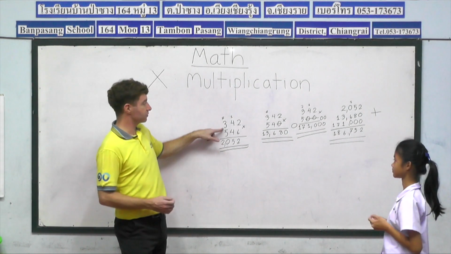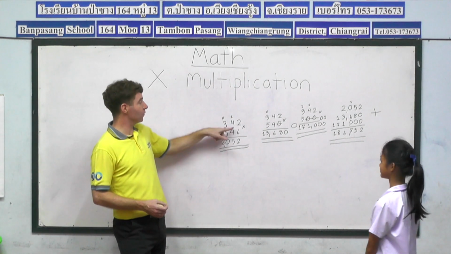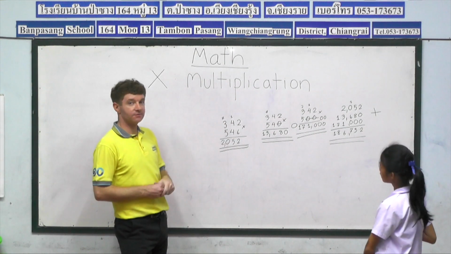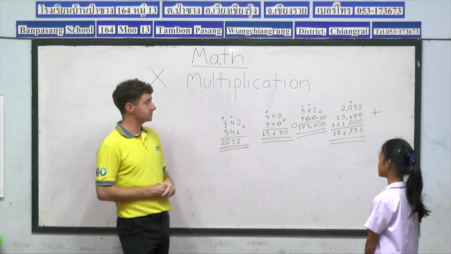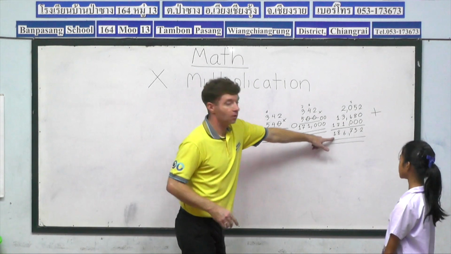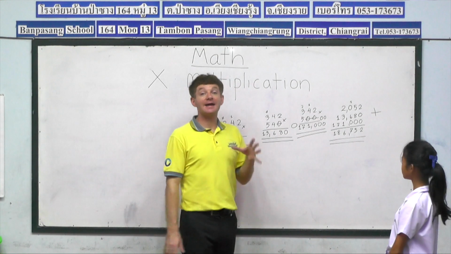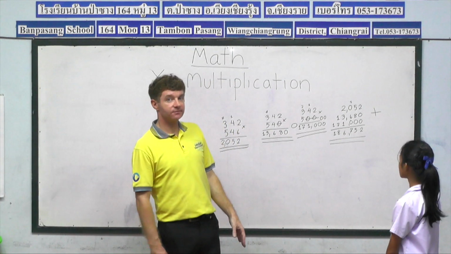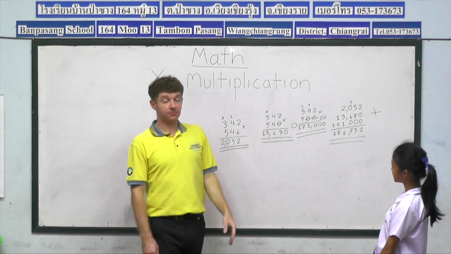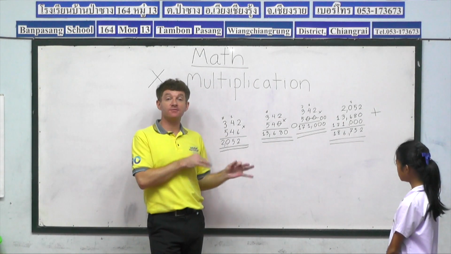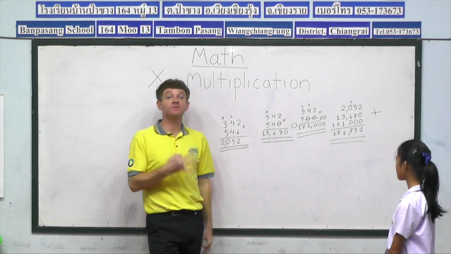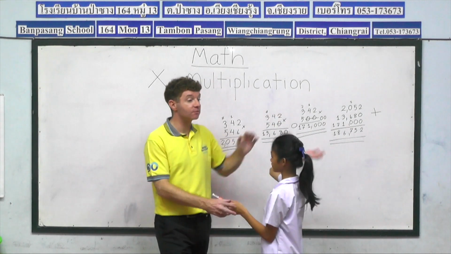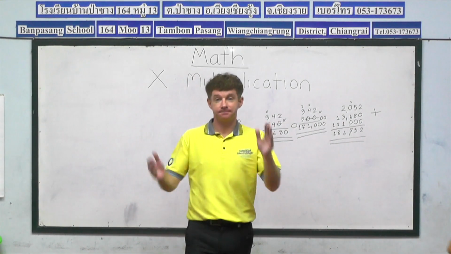So we can say 342 times 546 equals 186,732. And that's how to correctly answer multiplication of 3 digits by 3 digits. Dan, that was brilliant. High five, big round of applause for Dan, please, guys.